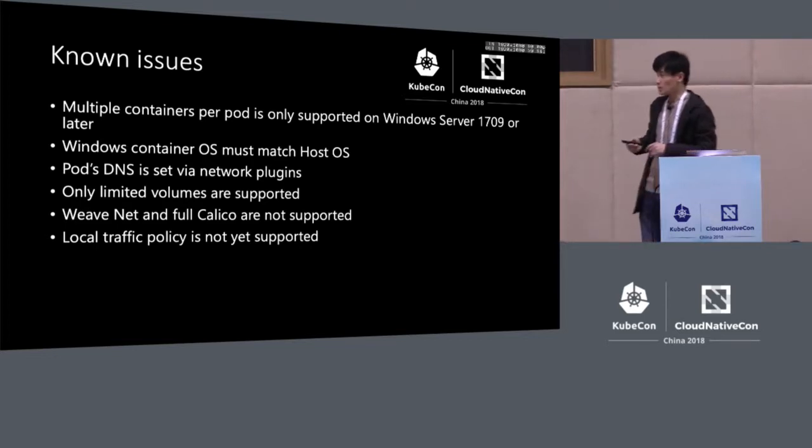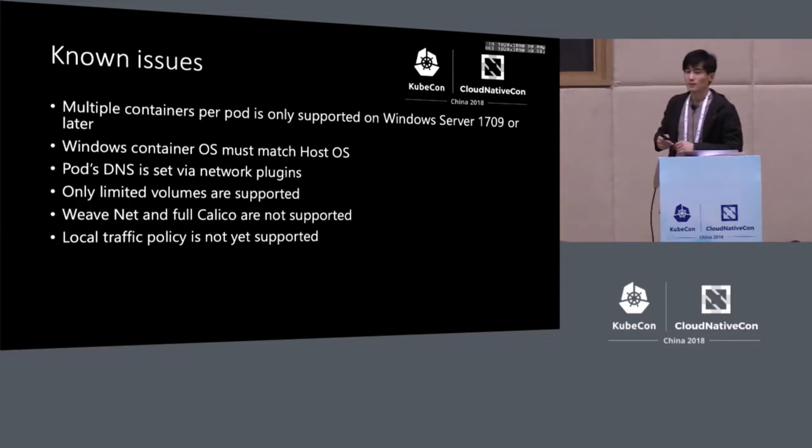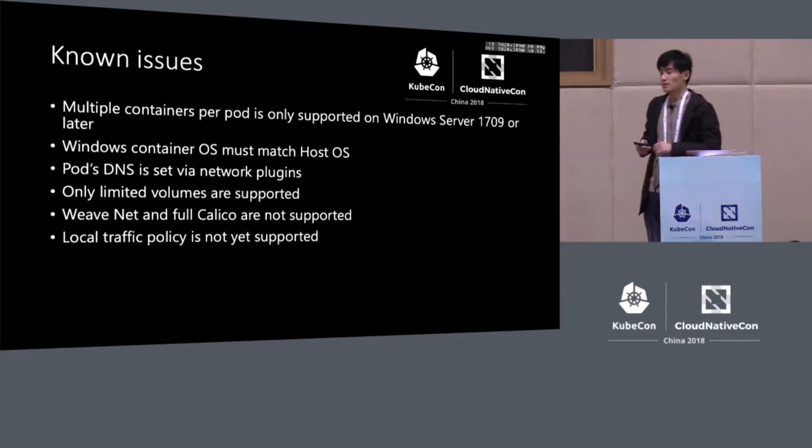Second, I have shown you the container and its matching to these Windows versions. They have to be maintained at the same version to have process isolation. And also the Windows container OS must match the host OS.